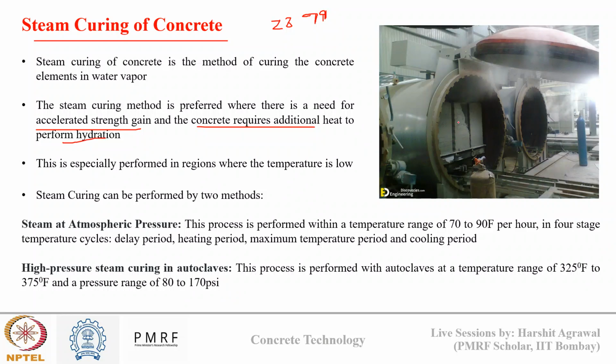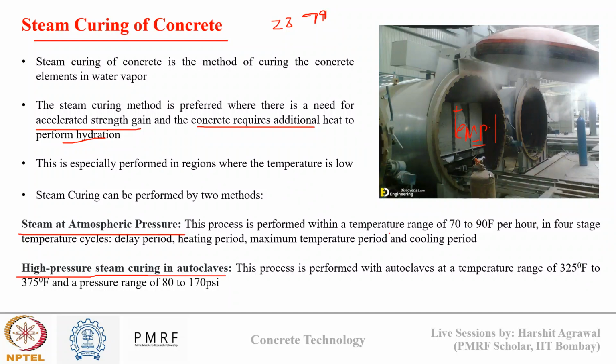In steam curing, we increase the temperature of the surroundings, and as we increase the temperature, the kinetics of reaction will increase, and I will have faster strength gain. This I can achieve in two manners, either using steam at atmospheric pressure, or using high pressure steam using an autoclave.